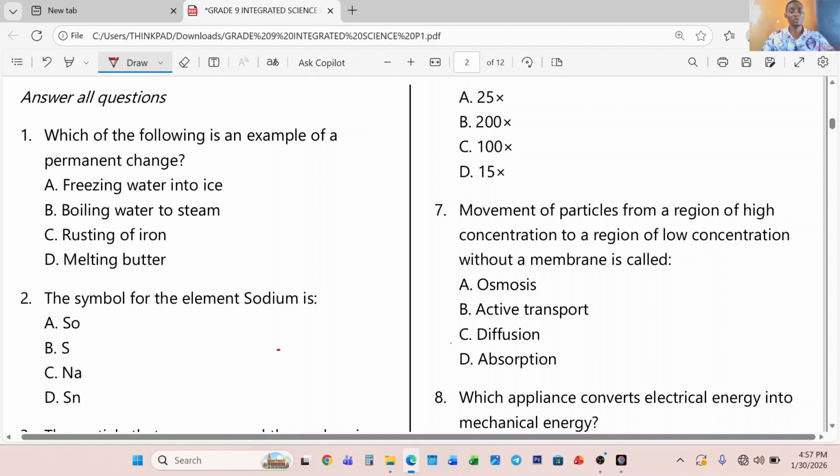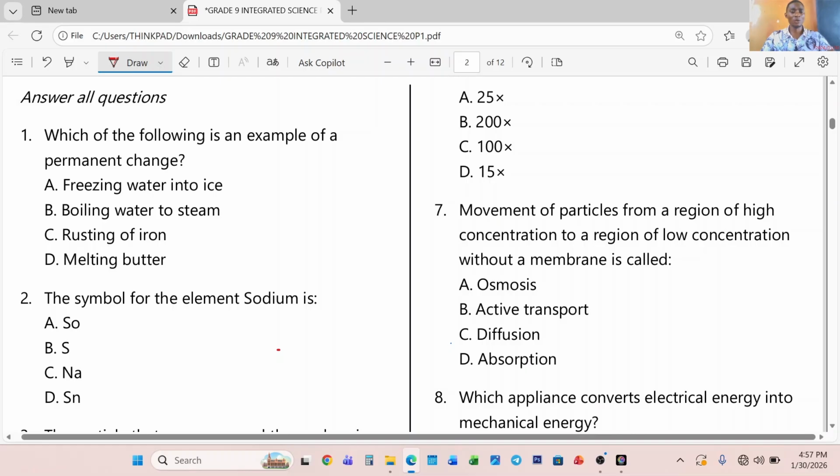Temporary changes are those changes that are reversible. They can be reversed back. But the permanent change is irreversible. So looking at the answers that you're given: freezing water into ice, boiling water to steam, rusting of iron, melting of butter.